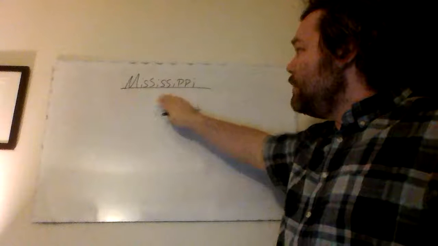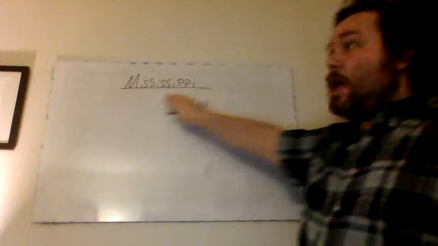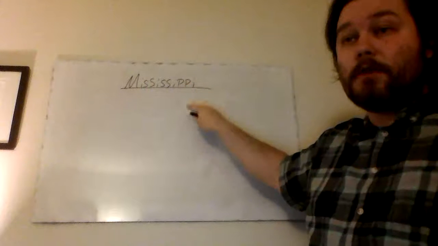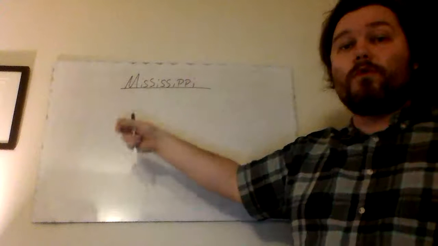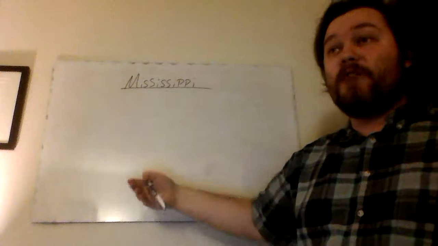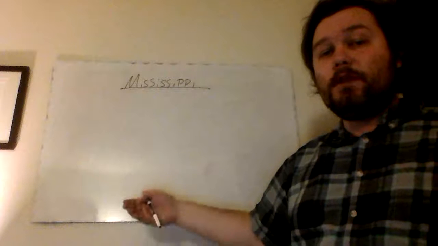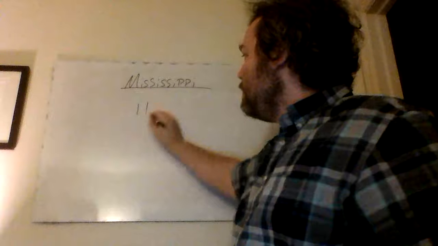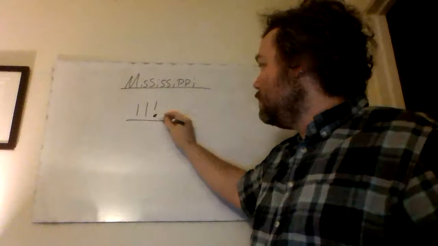So what we do is we think first, if they were unique letters, if there were 11 different letters, how many ways could you order those? You have 11 spots and 11 unique letters. So how many ways can you do that? That's 11 factorial.